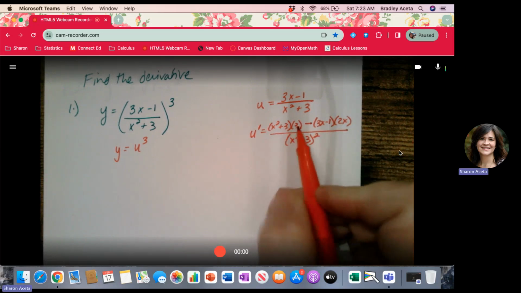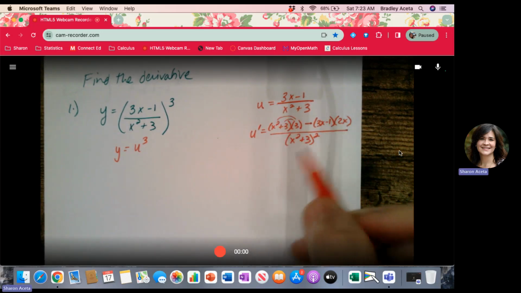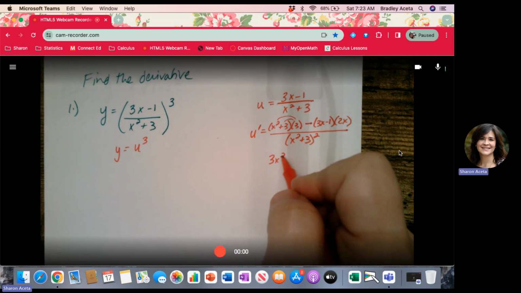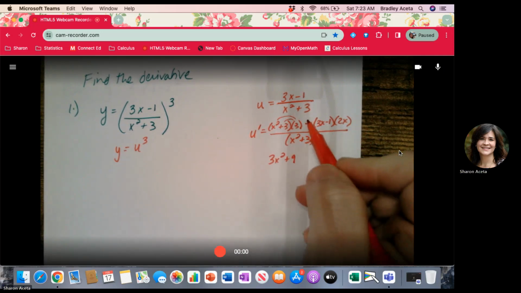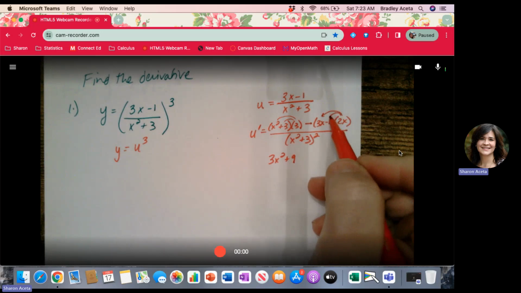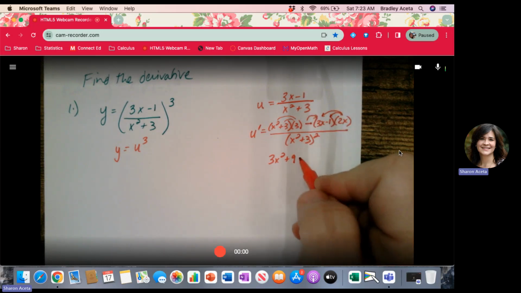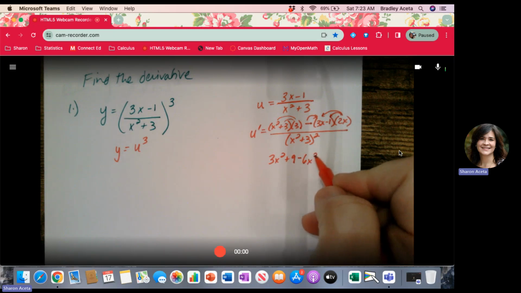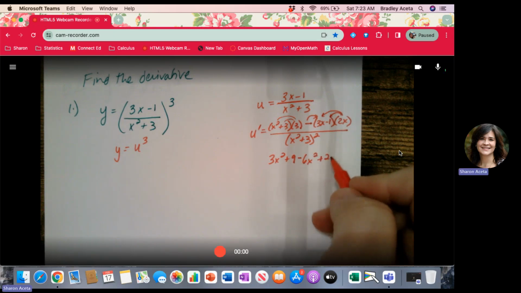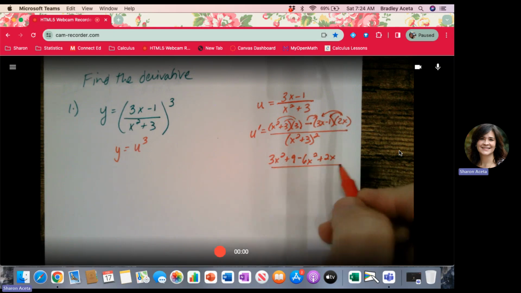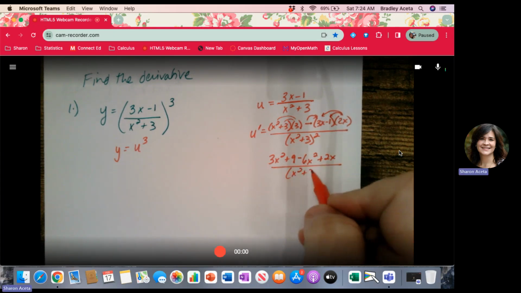Now, clean up that top, distribute, you get 3x squared plus 9. Distribute the 2x and the negative at the same time. You get negative 6x squared plus 2x over x squared plus 3 squared.